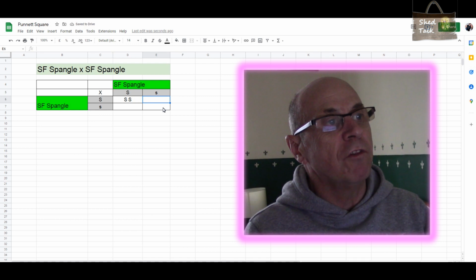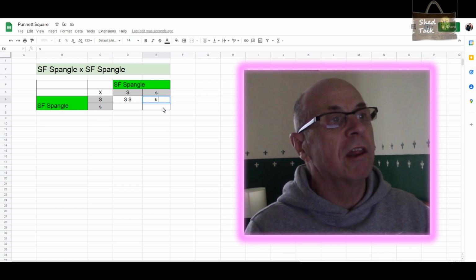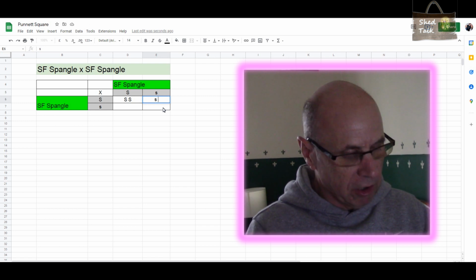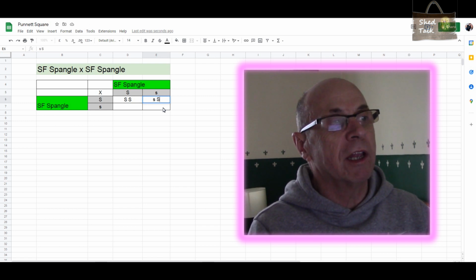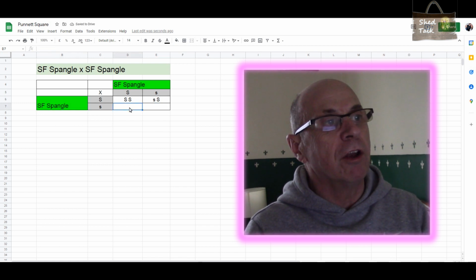And then with this square here we will produce the lowercase non-mutated s, and of course an uppercase mutated allele there from the hen over here. I'll just fill the rest of these out.